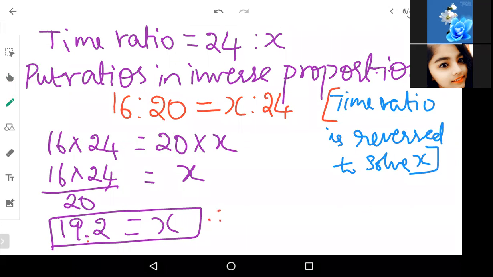Therefore, he takes, or you can write a man takes, whatever is given in the question.